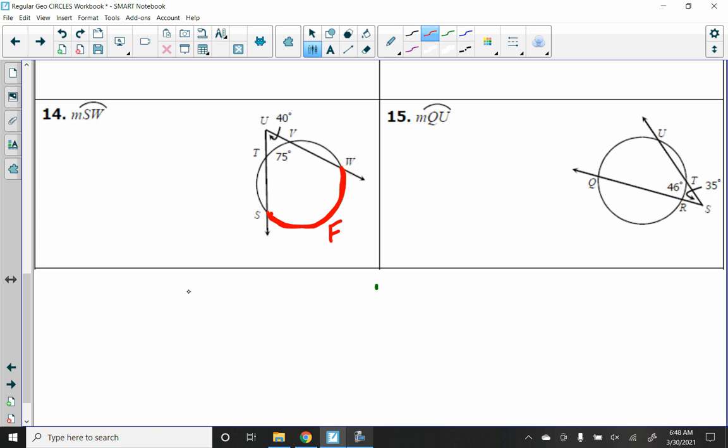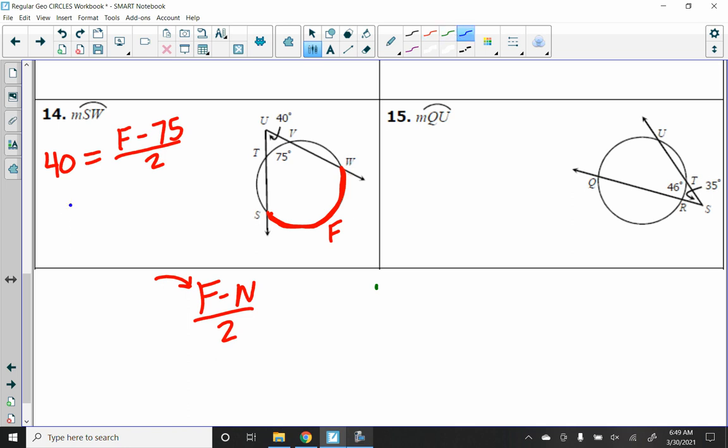So the formula is far minus near divided by 2. You want to put this in the first arc position for the F. So it's going to be angle, far is missing, the near is given, divided by 2.